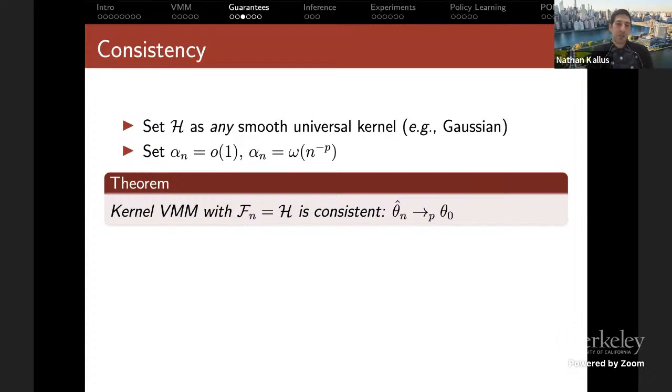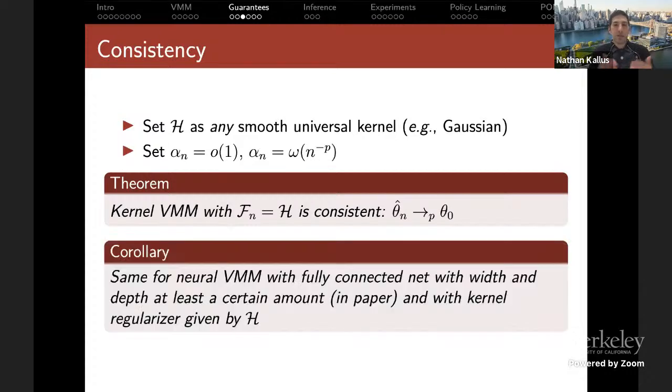Now, we get this for kernel VMM. And as a corollary, most of the work is about kernel VMM, but we can always play this trick of having a set of neural nets that is sufficiently big so it approximates things sufficiently nicely; it just has to approximate these Sobolev spaces.